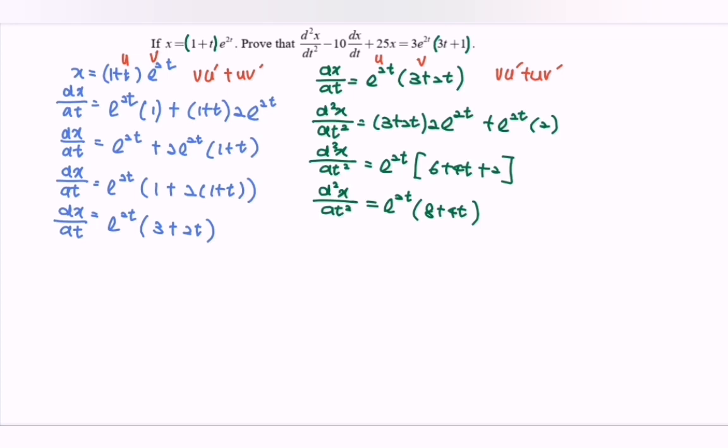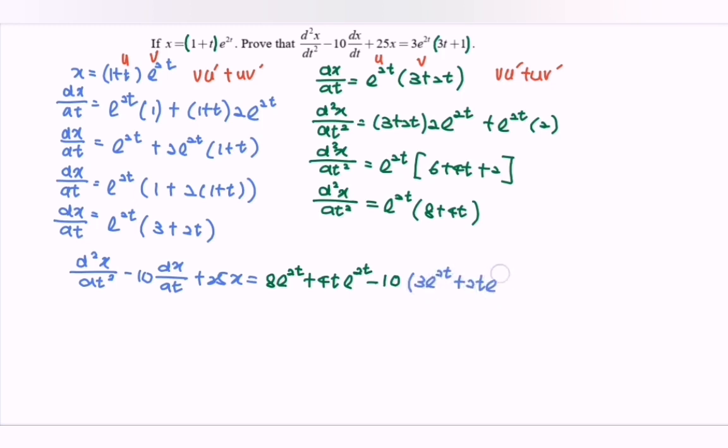So next is to substitute the situation. Let's focus on this part, where we have the second derivative minus 10 multiplied by the first derivative plus 25x. Kindly substitute: we have 8e^(2t) + 4t e^(2t) minus 10, focusing on the first derivative, so we have (3e^(2t) + 2t e^(2t)), and then plus 25x.